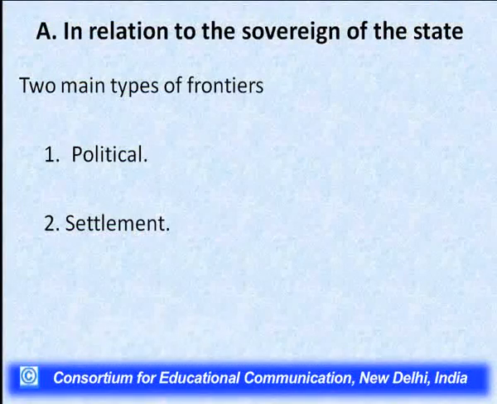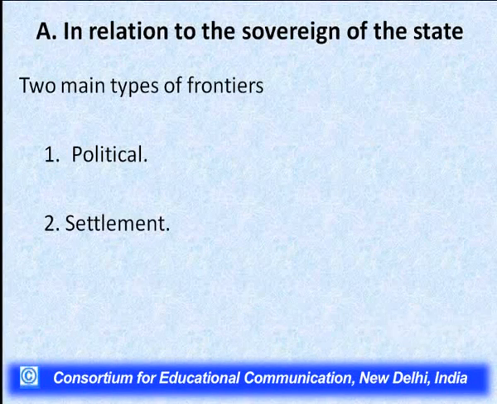In fact, the first category of frontiers, which is based upon the sovereignty of a state, has two major groups: political frontiers and settlement frontiers. First of all, we should know what political frontiers are. Political frontiers are sometimes confused with international boundaries, because generally the boundary is made within a frontier zone.